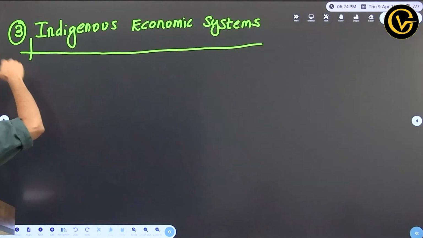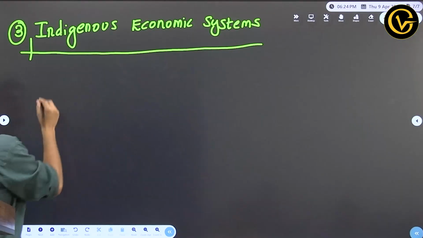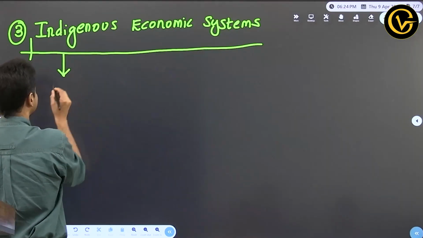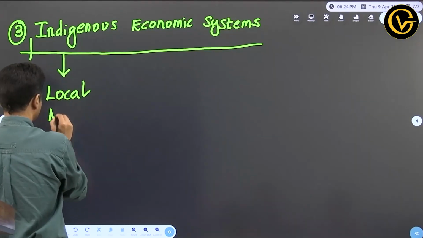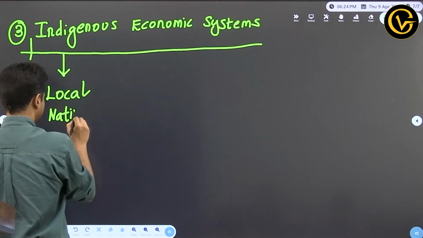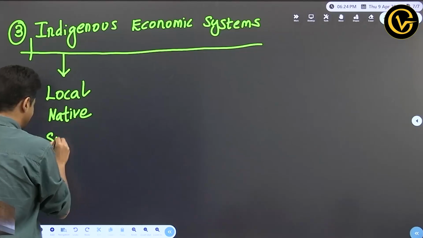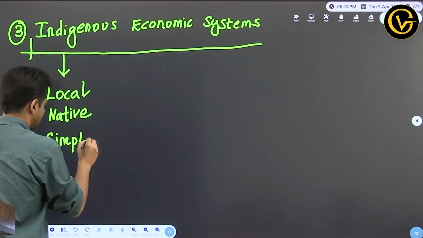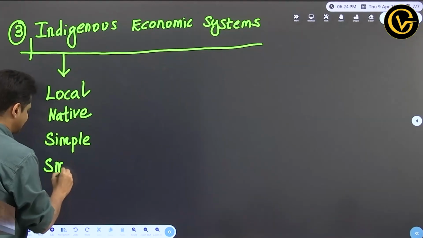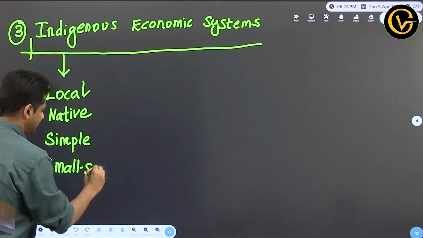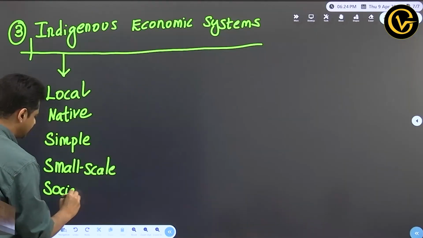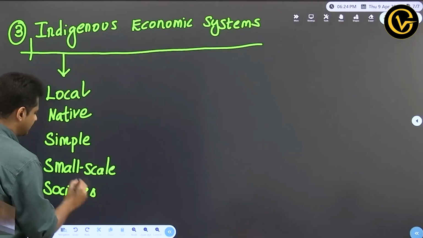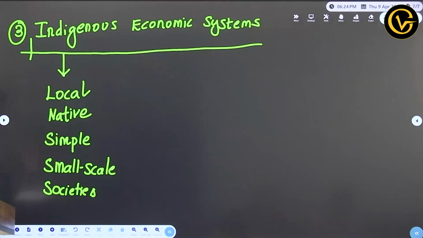First of all, the term indigenous must be unfamiliar to most of you. Indigenous means nothing but local or native or simple or small scale societies. For all this, we use a term called indigenous economic systems.